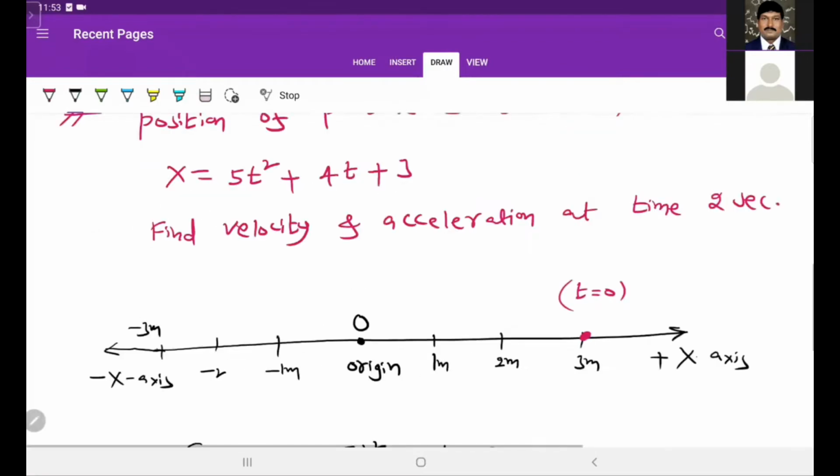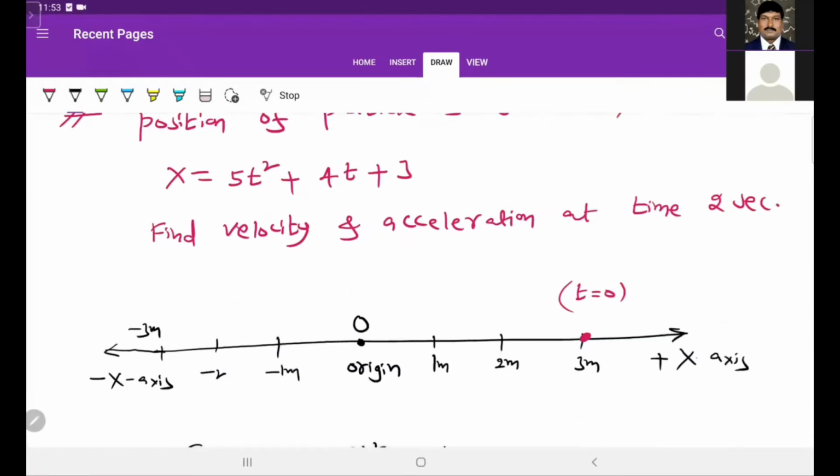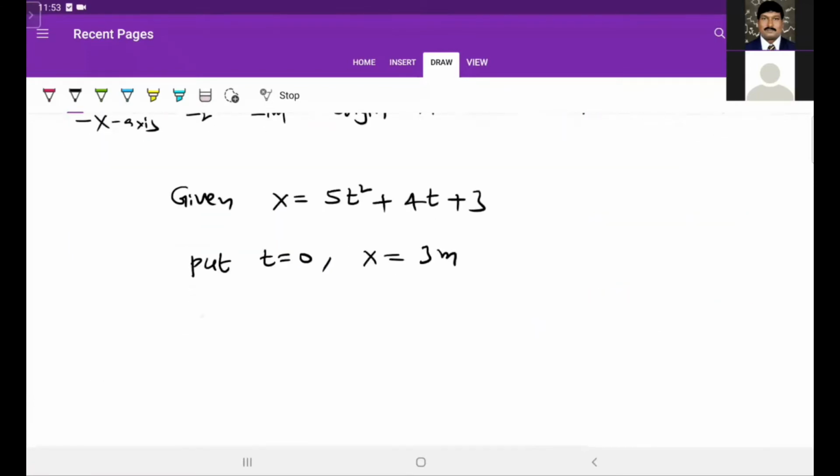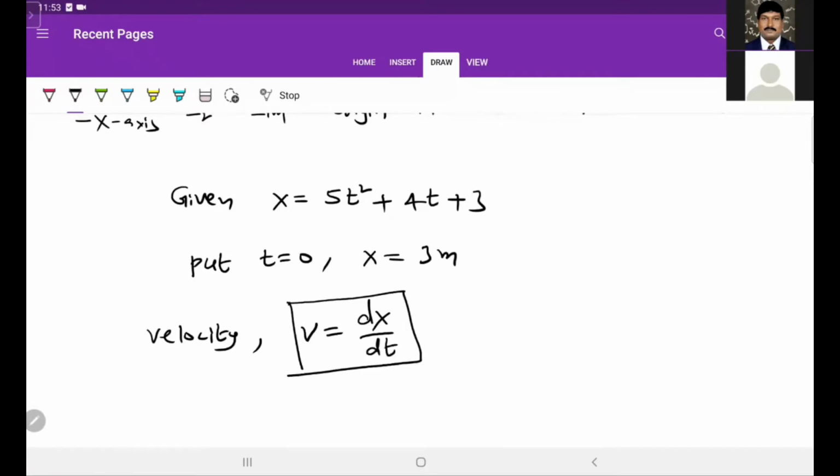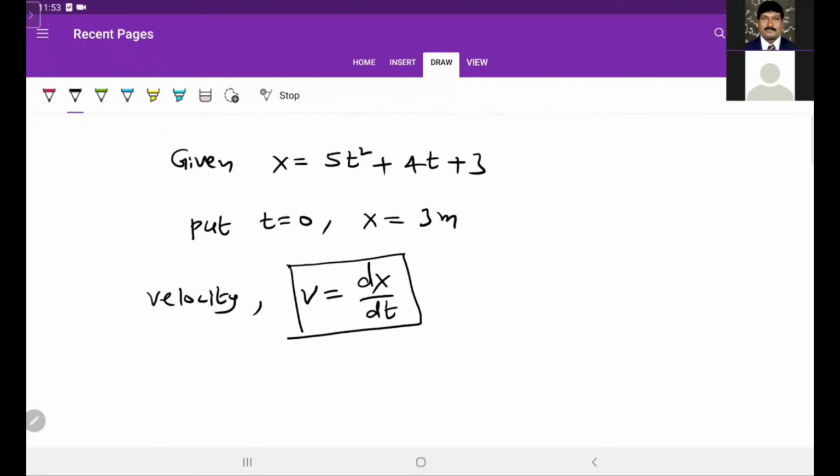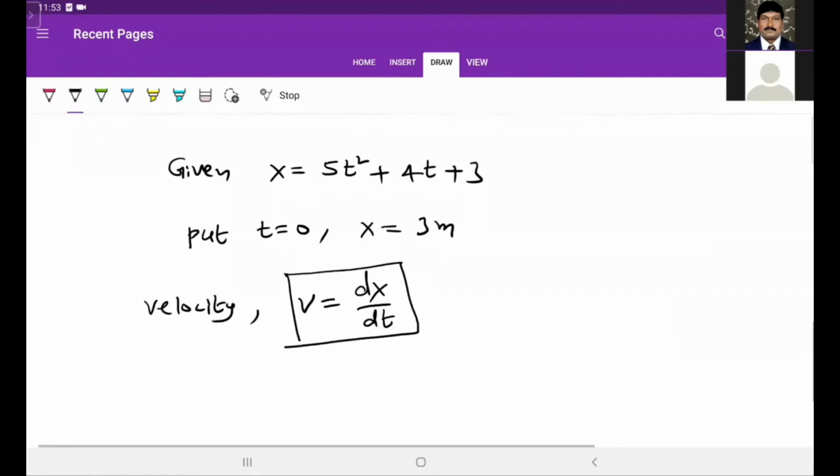Now we want velocity of the particle. Velocity V is defined as dx by dt, rate of change of position. If particle is at rest, its position does not change. If particle is moving, its position changes with time.